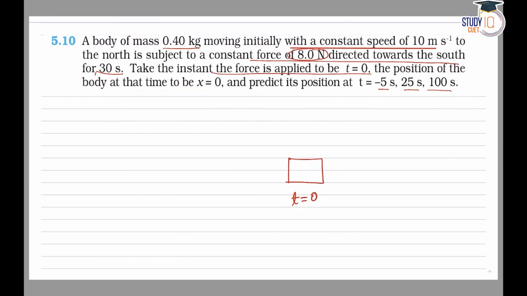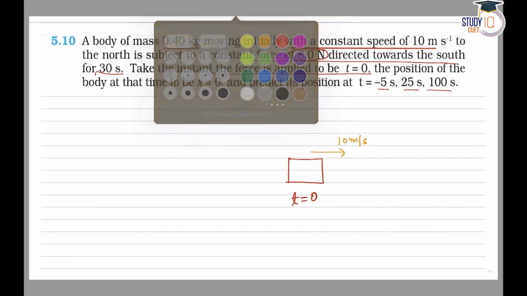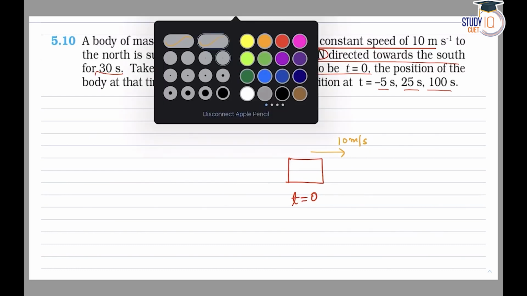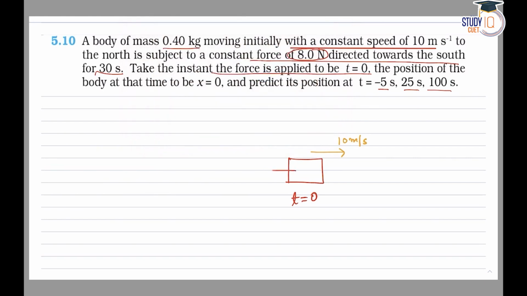Initially the particle is moving in the north direction with a speed of 10 meter per second. Due to this force, the speed of the particle will reduce as it is retarded motion.